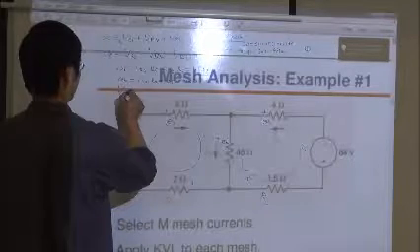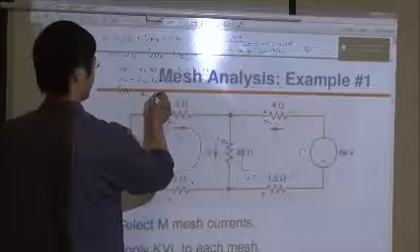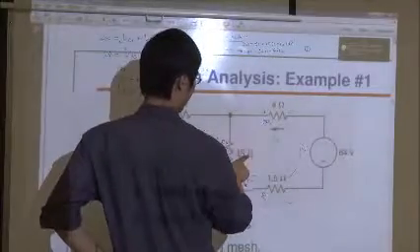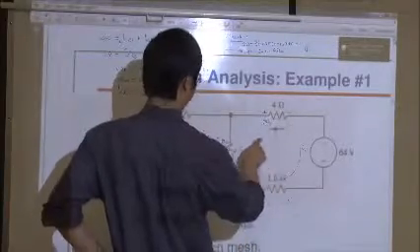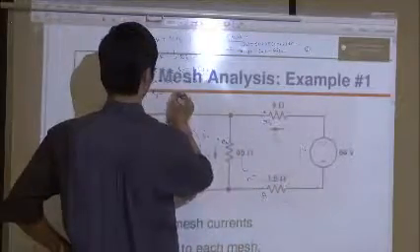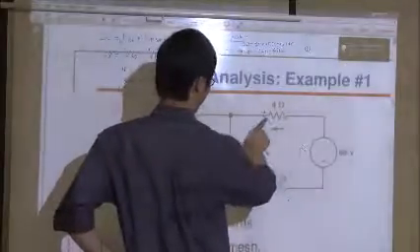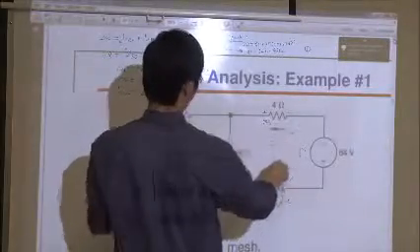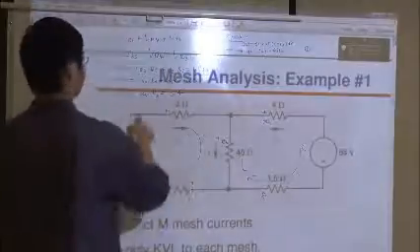And then VR3 will be IR3 times R3, which is I2 times 4 ohm. I assume this is the plus side, this is the minus side, and my mesh current is that way, and my resistor current is that way. So it's the same.